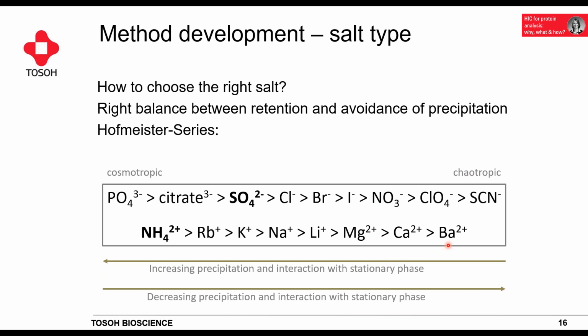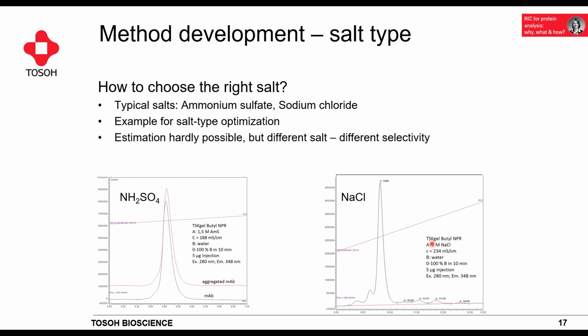Now, here is one example of how different salts impact on the separation. So what we analyzed here was, in both cases, a mAb, and we also included a stressed mAb in order to expect, or where we knew there would be aggregates in there.